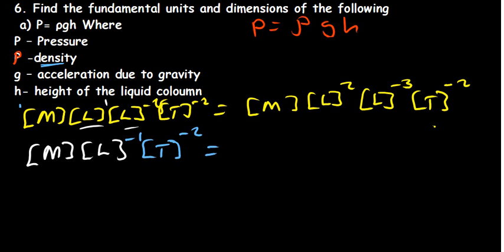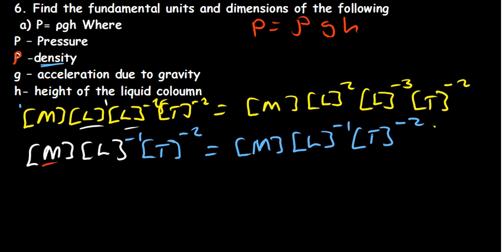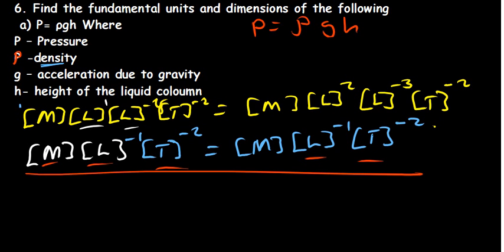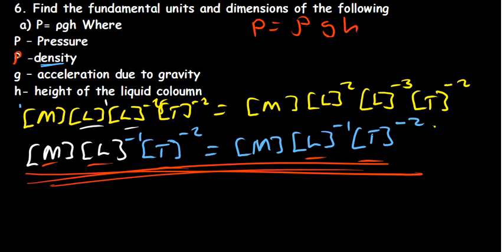So this has to be equal to capital letters like the way I'm representing. So now these are the same, so I'll say 2 minus 3 is going to give me negative 1. Then t negative 2. I can see that m is to the power 1, this negative 1, even here negative 1, this negative 2, even that negative 2. So now these are the dimensions which I've gotten. As simple as that. Okay.